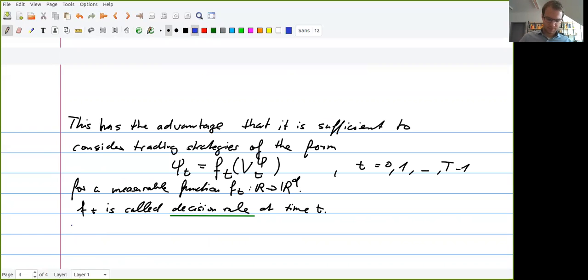So let me give you the definition. Definition 6.15. An investment policy P is a vector of decision rules.